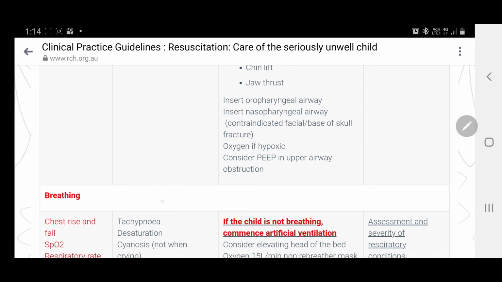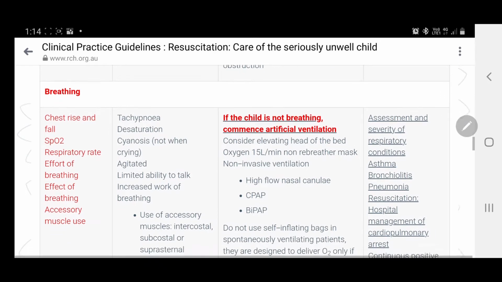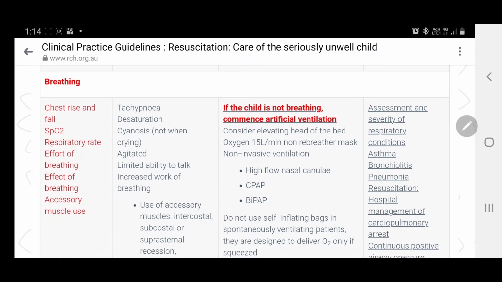Now B, B is for breathing. We check chest rise and fall, SpO2, which is oxygen saturation, respiratory rate, effort of breathing, effect of breathing, accessory muscle use.